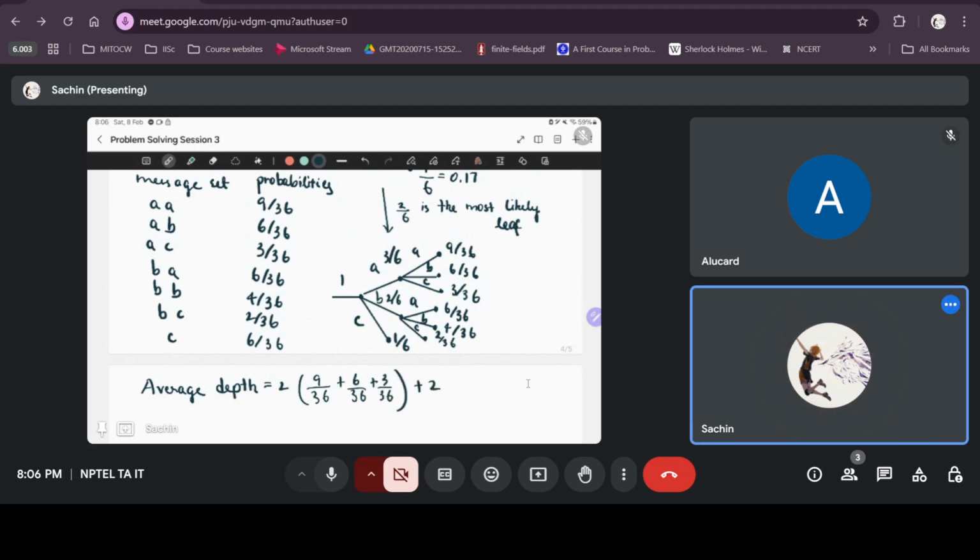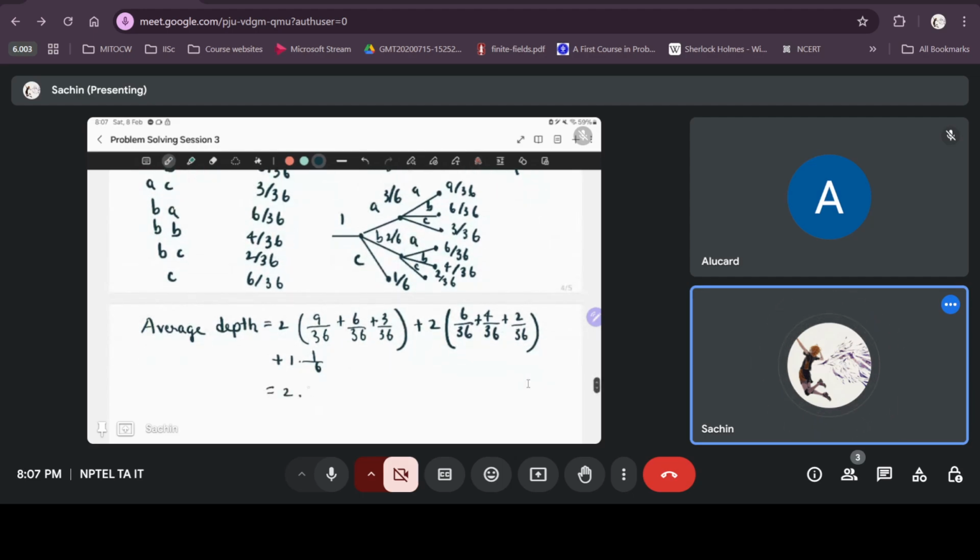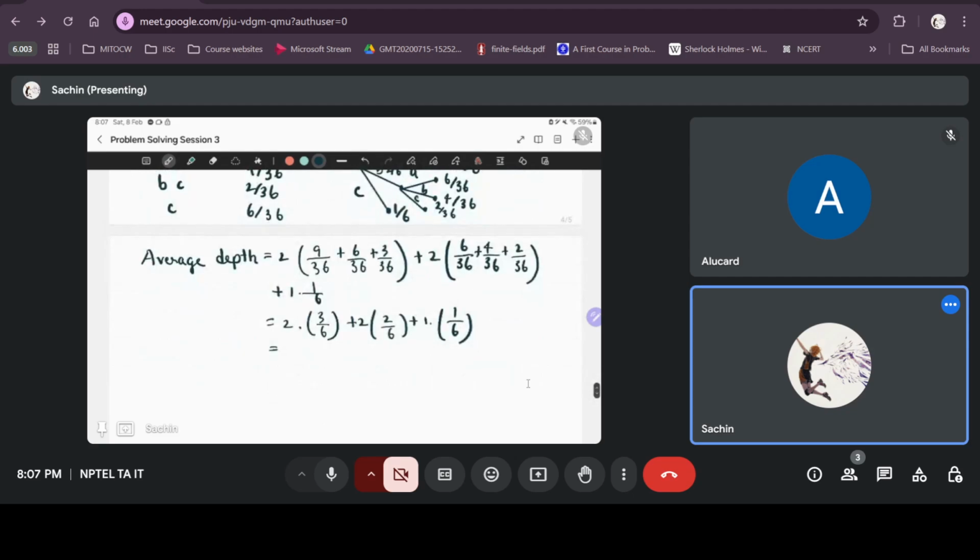We have 3 more branches of depth 2 whose probabilities are 6 by 36, 4 by 36, and 2 by 36. And we have a branch of depth 1 whose probability is 1 over 6. This is 2 times 3 over 6 plus 2 times 2 over 6 plus 1 times 1 over 6, which is 11 over 6. That's the average depth.